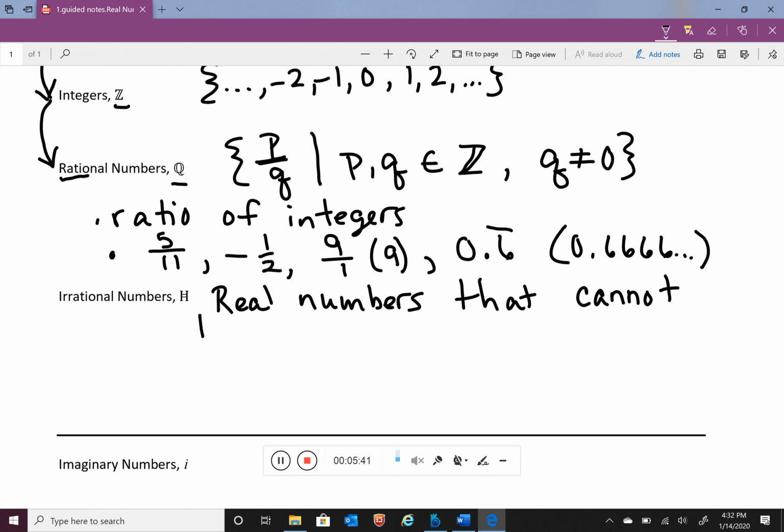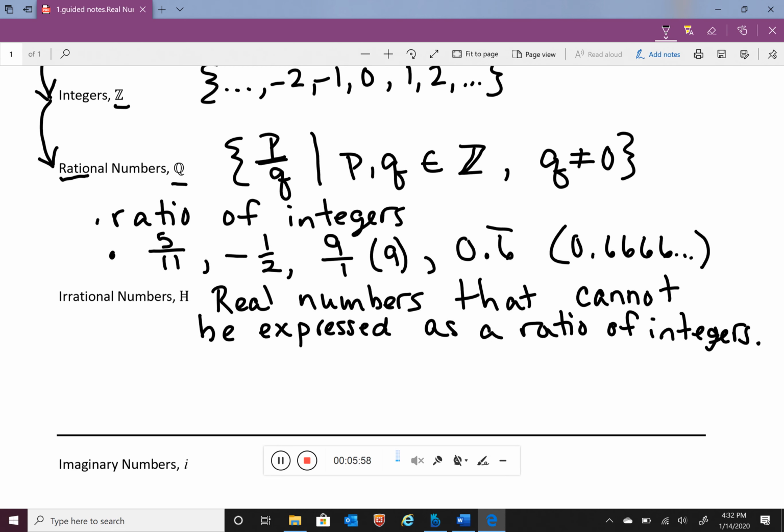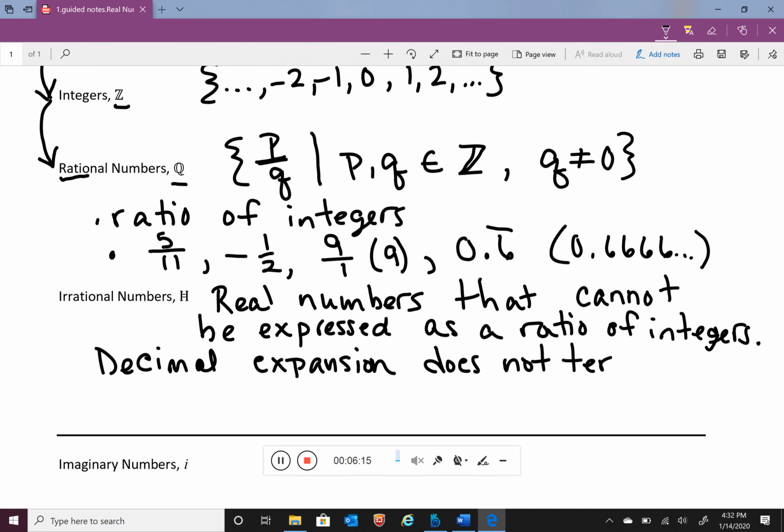They cannot be expressed as a ratio of integers. And the other thing that makes this different is their decimal expansion neither terminates, it doesn't stop, nor does it repeat. So it does not terminate or repeat.